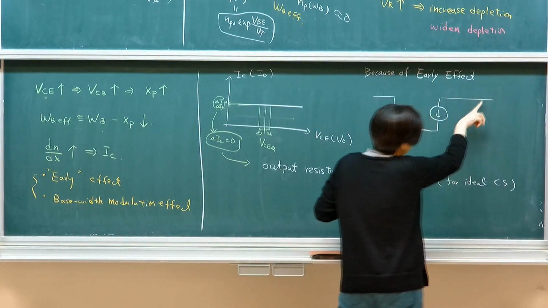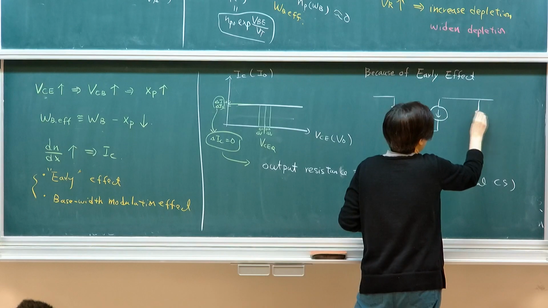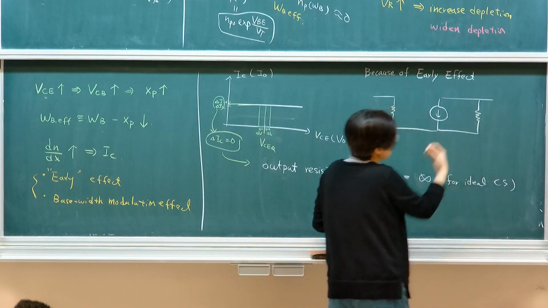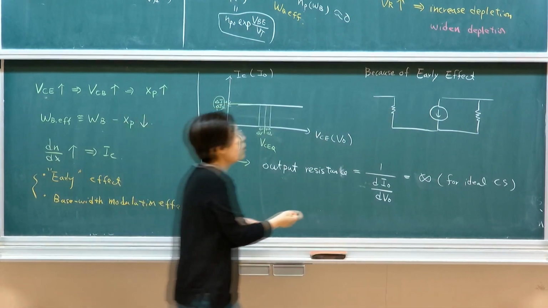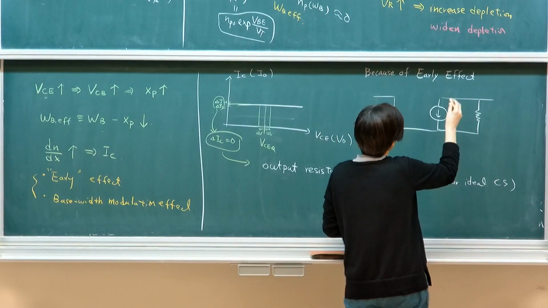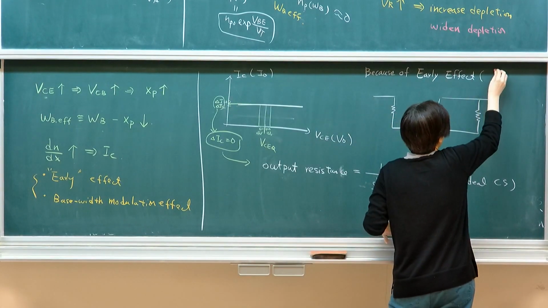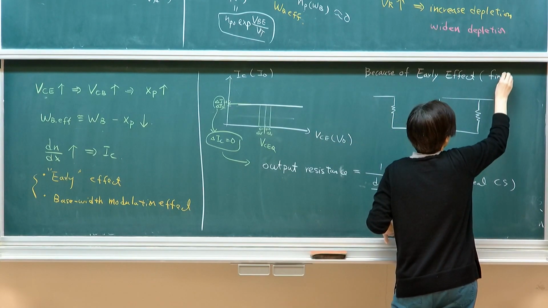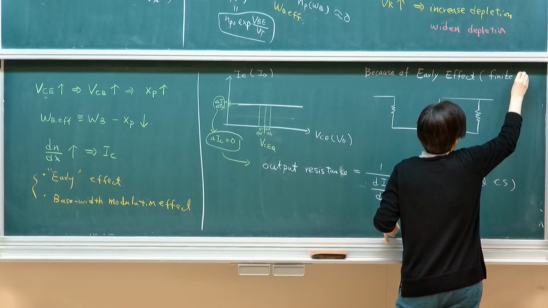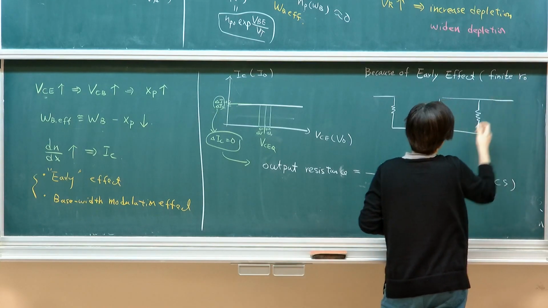If you ignore early effect, even though I have this RO, because RO is infinite, you can simply skip that because it's an open circuit. But now, because of early effect, you have what we call a finite RO instead of infinite.